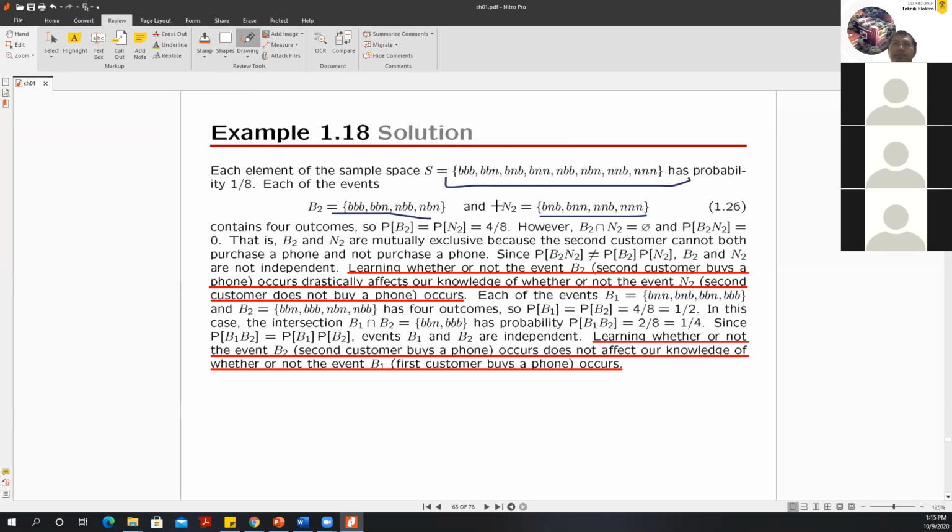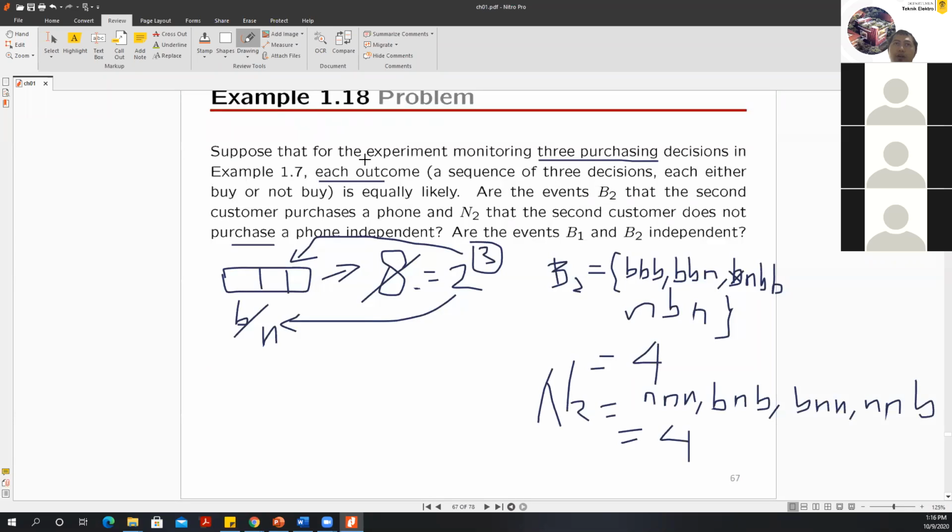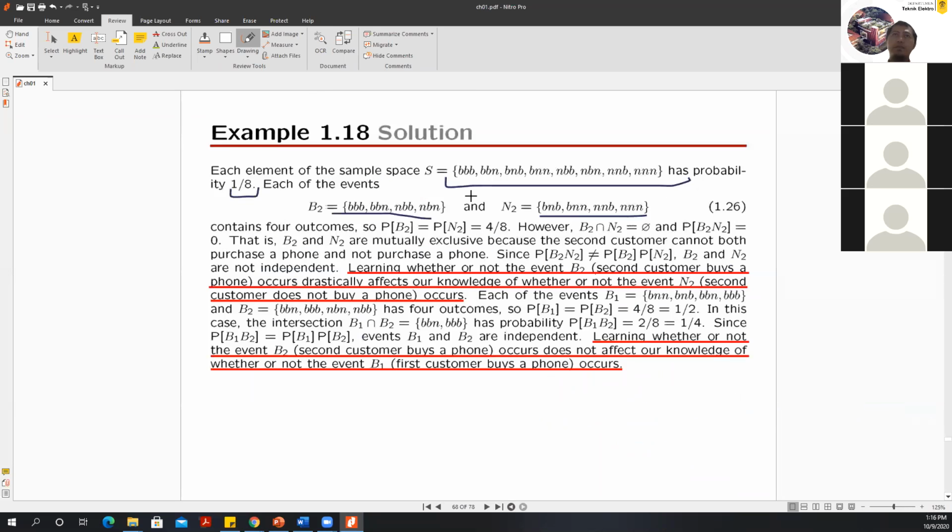Each element of the sample space has probability 1/8. Where does this value come from? Actually, it is based on the outcomes being equally likely, meaning the probability of each outcome is the same. So that's why we have 1/8.